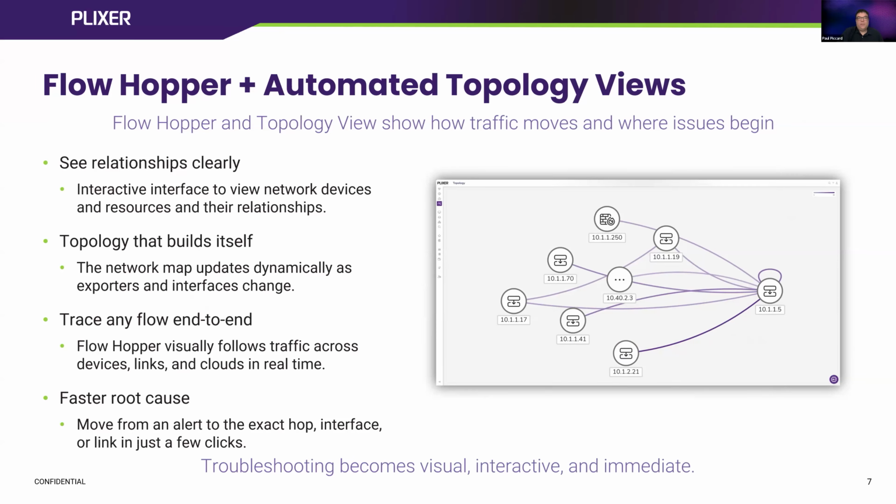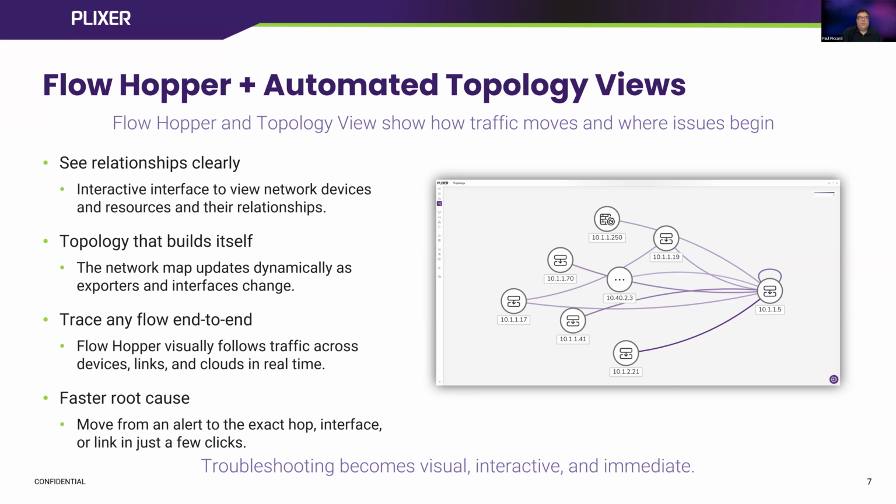This is one of my favorite parts of the release because it's basically visual proof that the platform understands the network. It's really around getting visibility in a way that you can point and click and have very, very easy access into the information. Flowhopper traces any conversation end to end: routers, switches, clouds, whatever path that traffic takes.